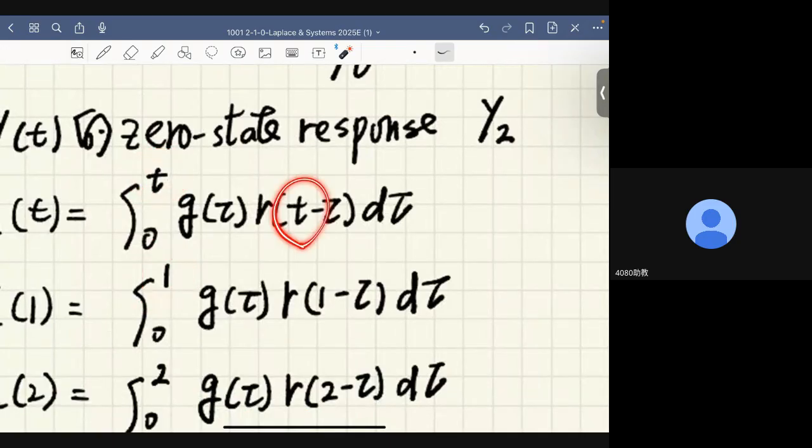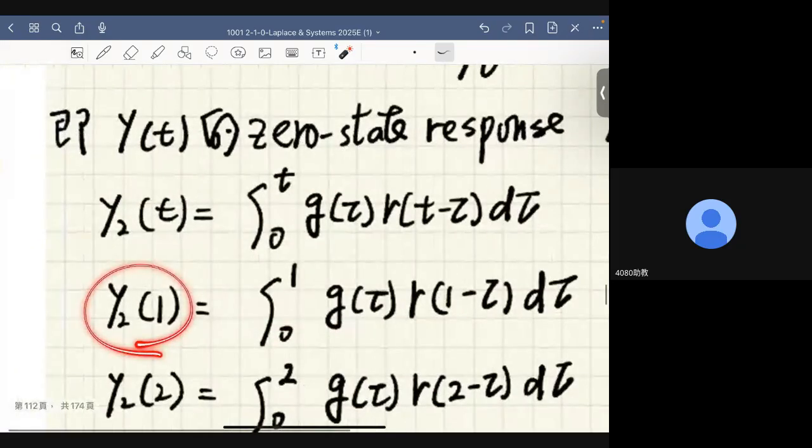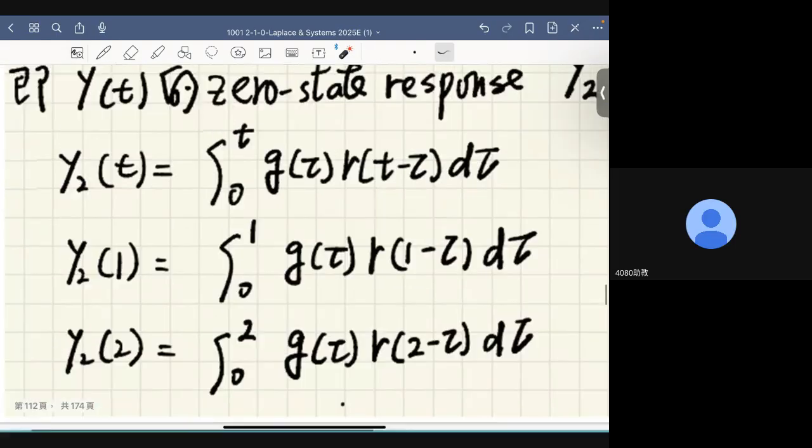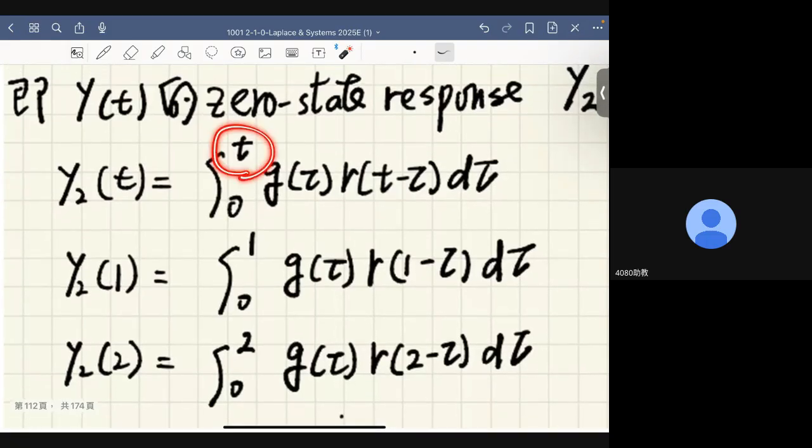Similarly, this t now becomes 1, and that's it. You can determine y(1). And if you are interested in the state response at t equal to 2, all you need to do is replace t by 2. Okay? So you can do that in parallel.